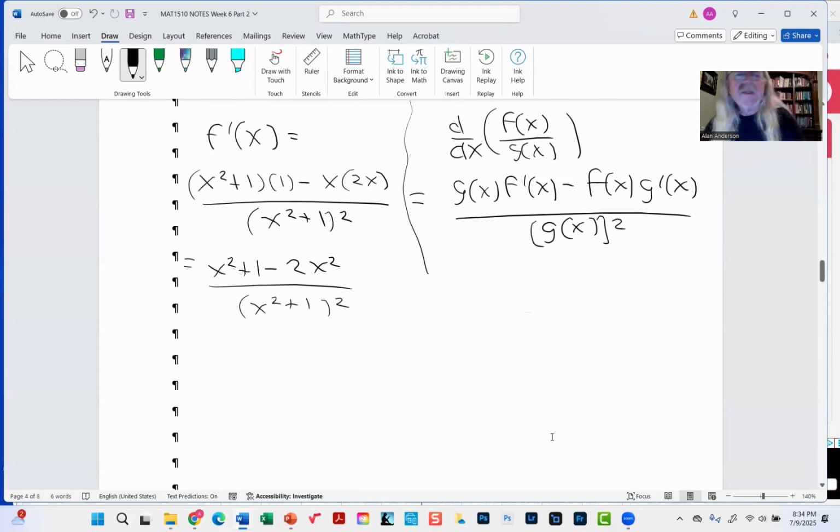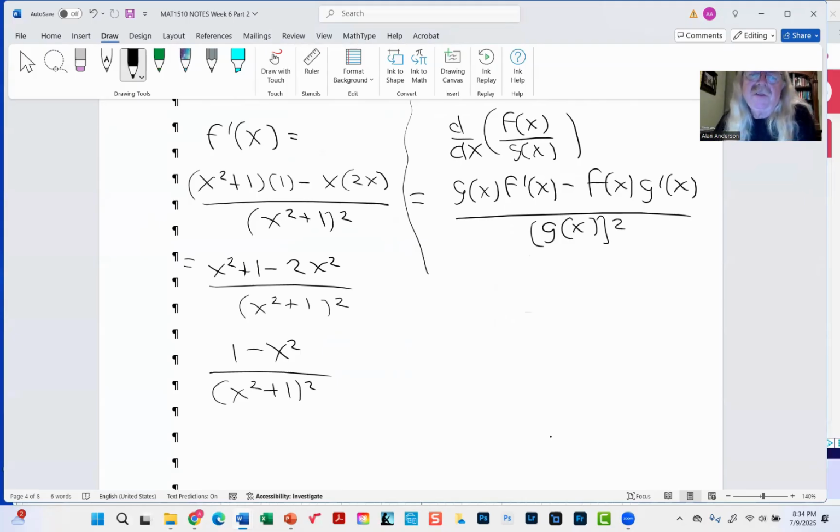So we have 1 minus x squared over x squared plus 1, squared. The denominator is clearly positive.